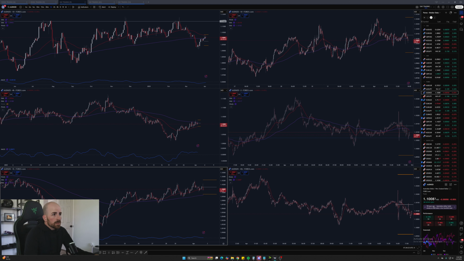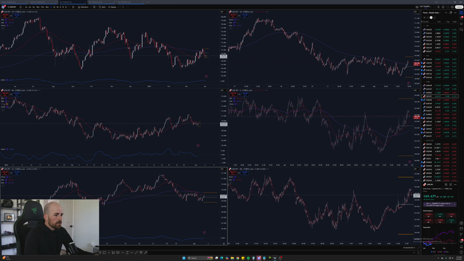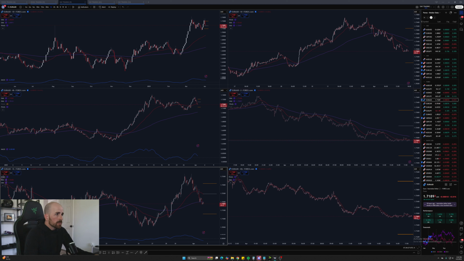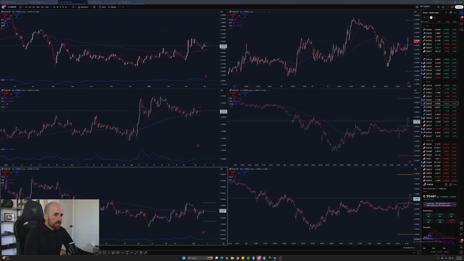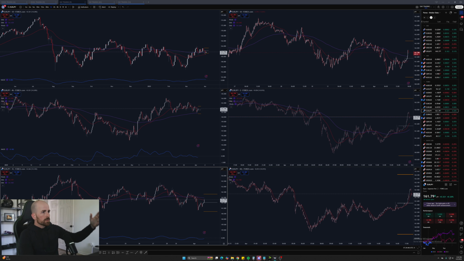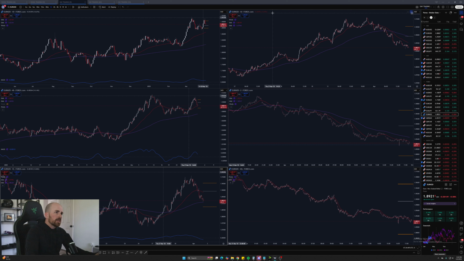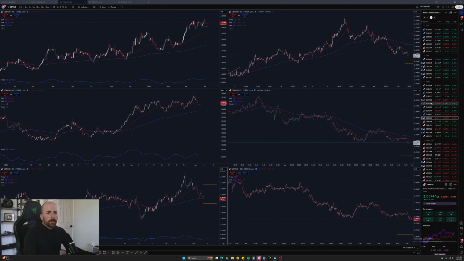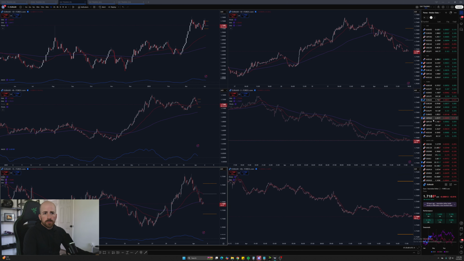Just some of them look weird, or are sitting at EMAs or at daily levels that just sketch me out to try and trade through. What I'm looking for mainly is room to move. So I want to see on this daily chart, how it's breaking down right here, room to go until I get to the next support level in this case, or an EMA or something. Which is what this year Aussie has.